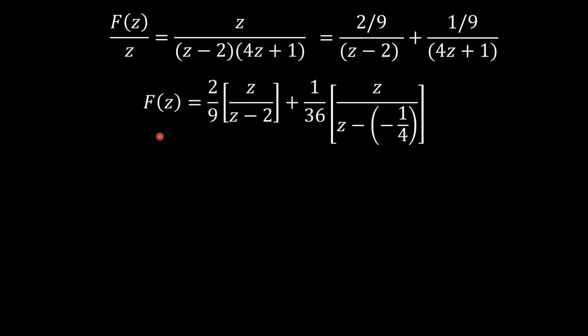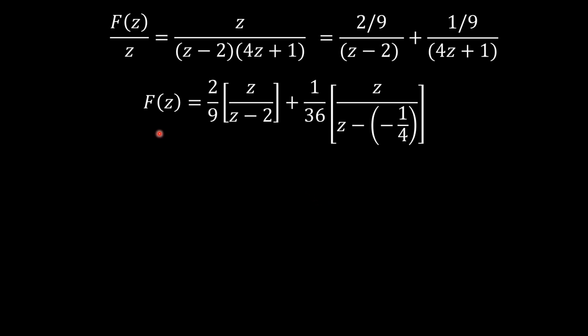Therefore, we will be getting F(z) is equal to 2 upon 9 into z upon z minus 2 plus 1 upon 9, and we have taken 4 also common. So 1 upon 36 into z divided by z minus of minus 1 by 4, to express it into a standard form so that we can obtain its inverse Z transform easily.